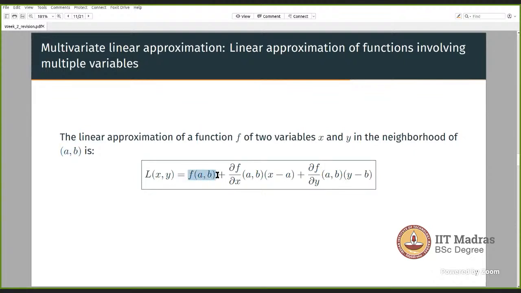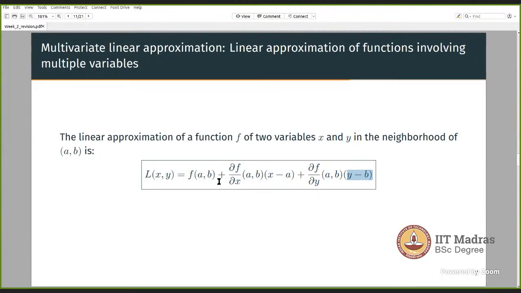Plugging in the values in the function, we get f of a comma b plus dou f by dou x at a comma b multiplied by (x minus a), plus dou f by dou y at a comma b multiplied by (y minus b). It's also a similar equation, just that it's spread across the different variables that the function depends on. So this is the linear approximation of a function involving multiple variables.